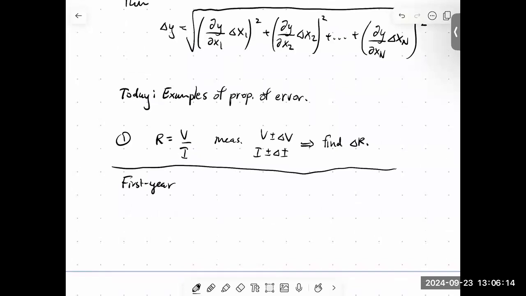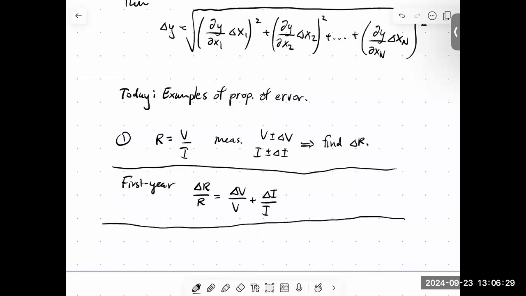That rule was that the fractional error in R would be equal to the fractional error in the voltage plus the fractional error in the current. Okay, so let's just keep that in our minds, so that after we do our propagation of errors, let's see how it compares to this rule.